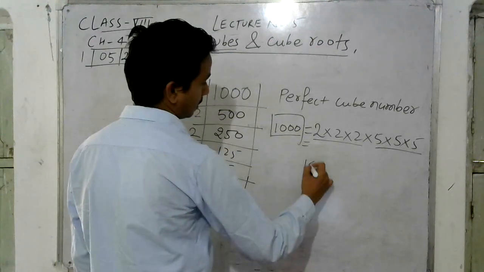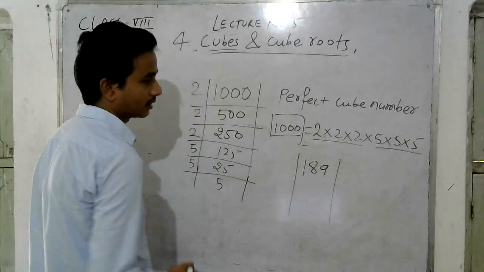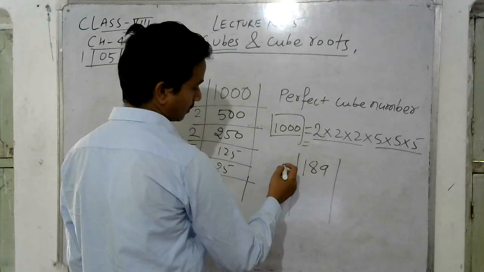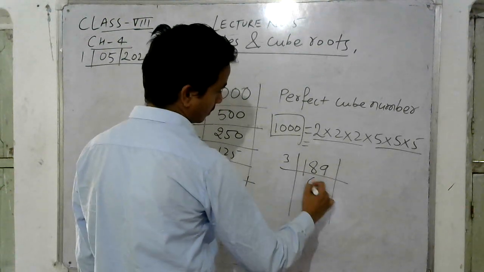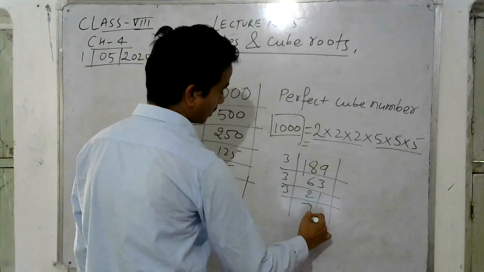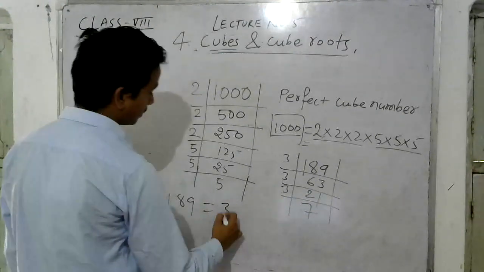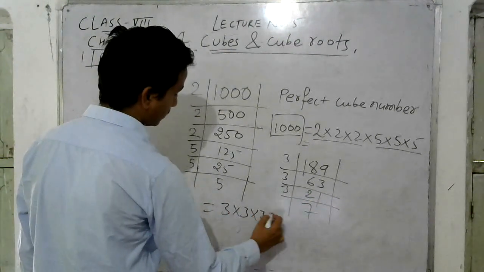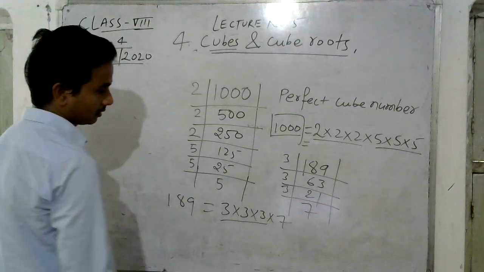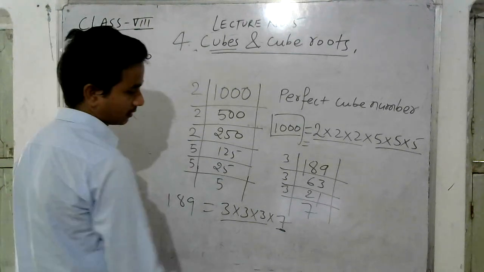Let us take another example, 189. Is 189 a perfect cube number? We have to check. How do we check? Let's take the prime factors: 3 times 63, 3 times 21, 3 times 7. So 189 can be written as 3 multiplied by 3 multiplied by 3 into 7. So 3 is multiplied together 3 times, but 7 is alone here.